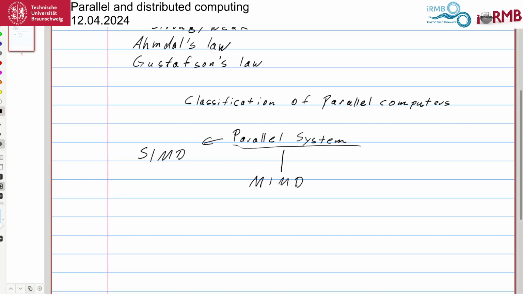These systems can be very diverse. They can be classified into distributed memory systems and shared memory systems.